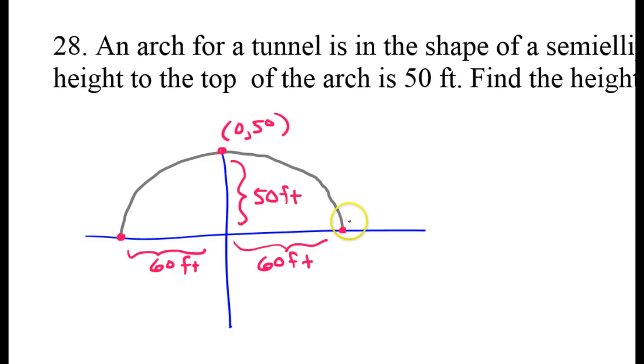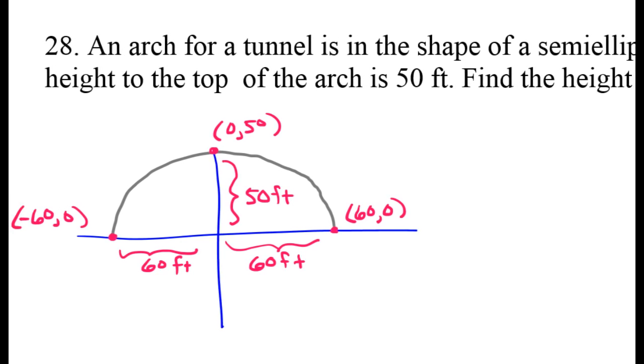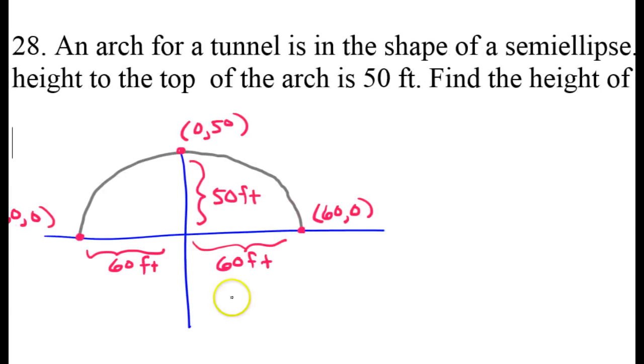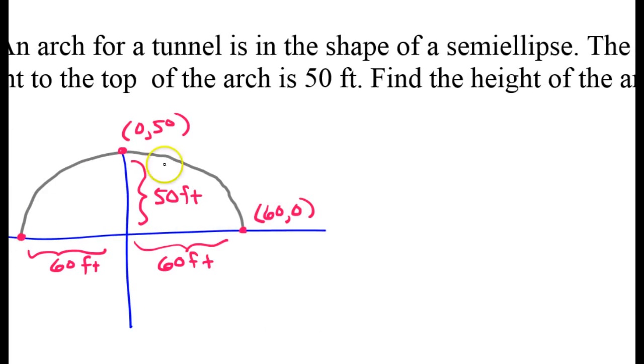That means the coordinates of this point right here will be 60, 0. And this point over here would be negative 60, 0, even though we probably won't need that. Okay, so we're supposed to find the height of the arch 10 feet from the center. But to do that, we need an equation for the ellipse in the first place.